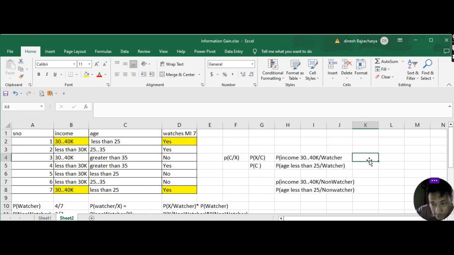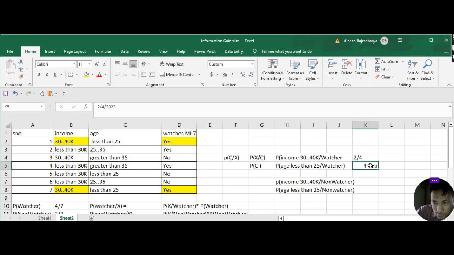The probability is 2 by 4, as the total number of watchers is only 4. Similarly, for age less than 25 and watcher: here is one, two, three. Again 2 watchers have age less than 25. This one here is no, so we don't need it. This is again 2 by 4.